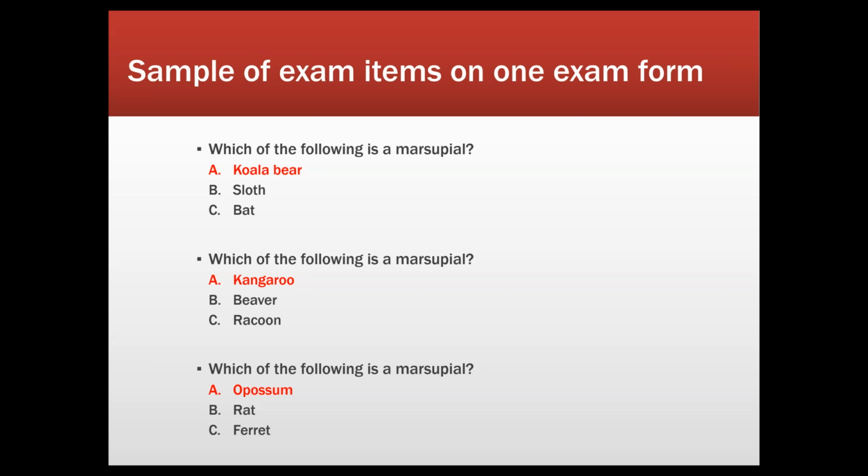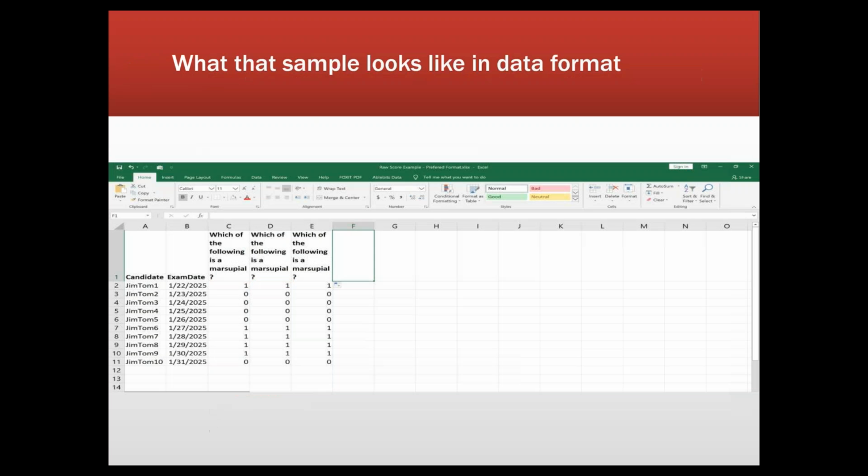Now, for some reason on this exam, it's very important that people be able to identify a marsupial. These aren't enemy items because the key is different, the option is different on all 3. But if you download this data for me and you only use item text to identify the item, this is what it looks like. I can't tell what item is what.